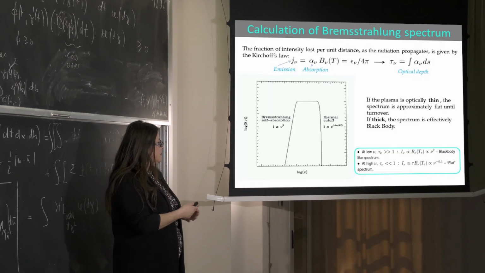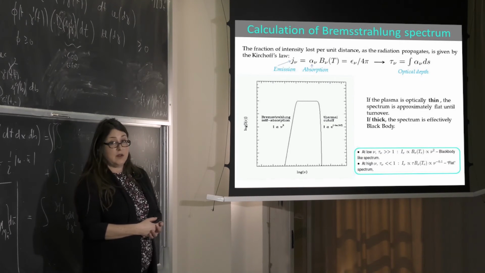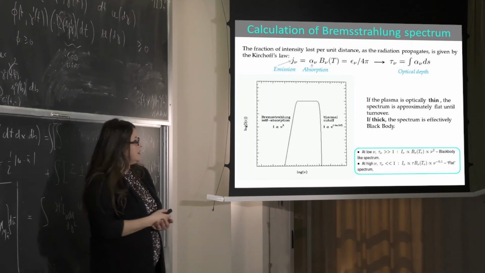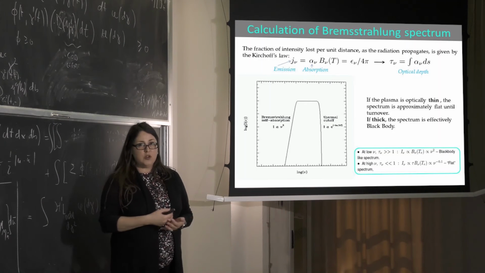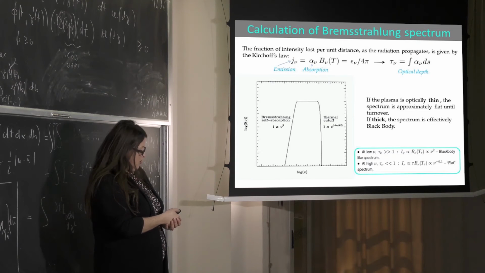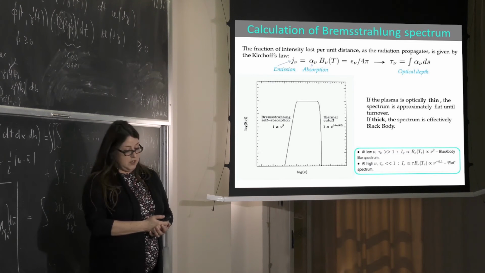So this is the typical shape of the Bremsstrahlung spectrum. Notice that at low frequencies the spectrum is proportional to the square of the frequency, so it is a black body-like spectrum corresponding to the region in which the medium is optically thick to radiation.